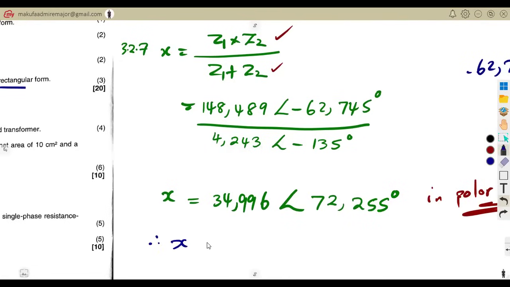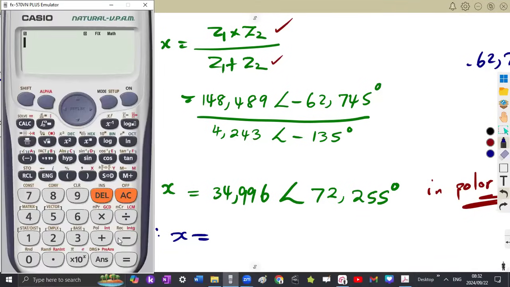Last time I showed you conversion to polar form; you've forgotten how to convert to rectangular form. On the calculator, shift, then you press minus where the Rec is. It has already opened the bracket for you.